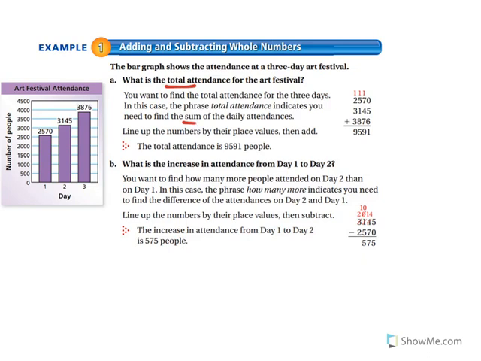of the daily attendance. So we're going to go ahead and line up the numbers. So we have the 2,570, the 3,145, and the 3,876. We're going to add these together, as you can see right here. Line them up. So the ones place is lined up, the tens place, the hundreds, the thousands, all those place values are lined up.